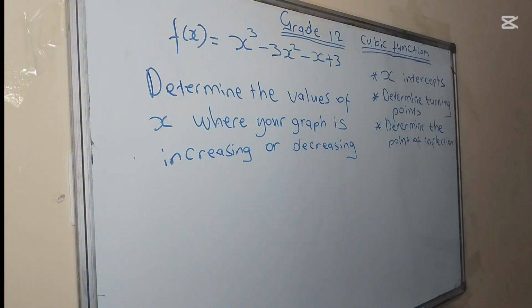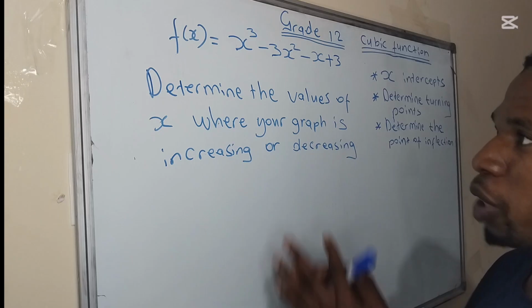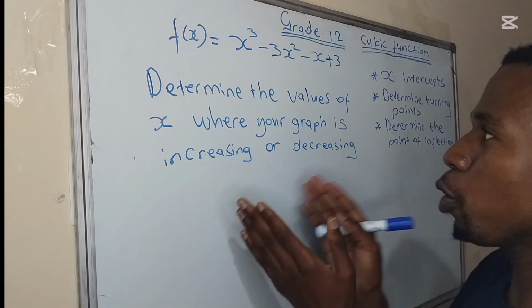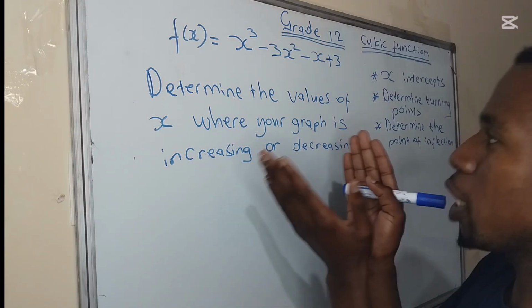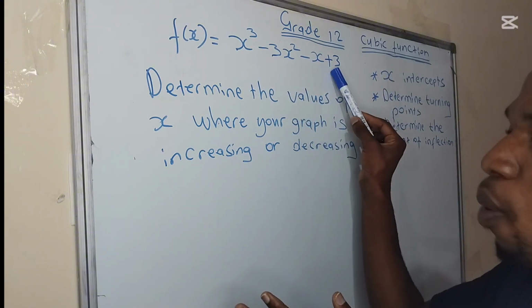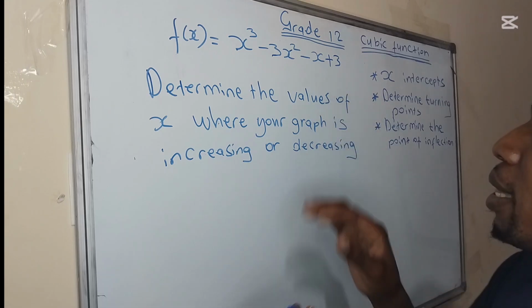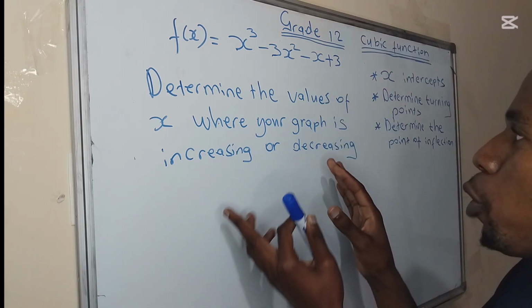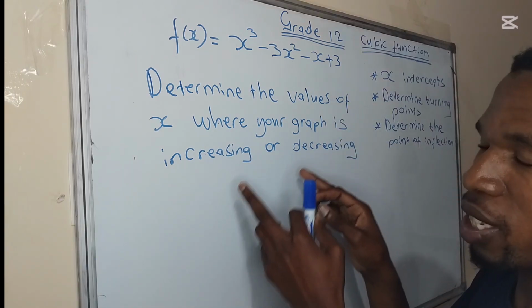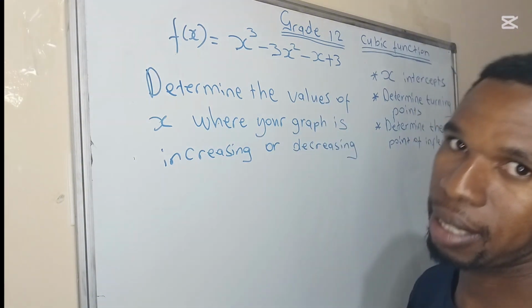So let's proceed. In order for you to answer this question correctly and determine the values of x, you need to know how to determine the turning points. You just need to use the x coordinates of the turning points.